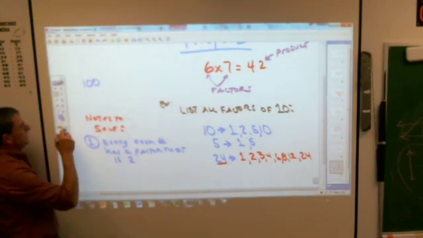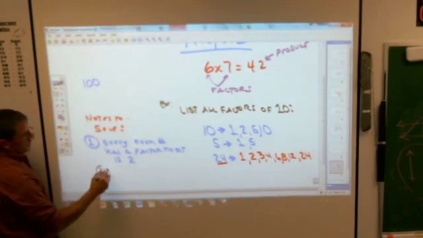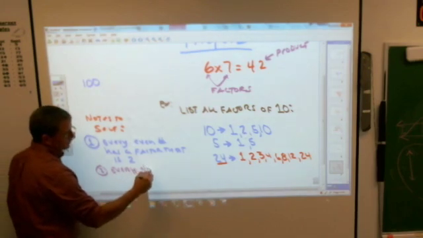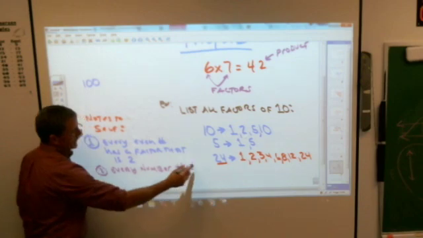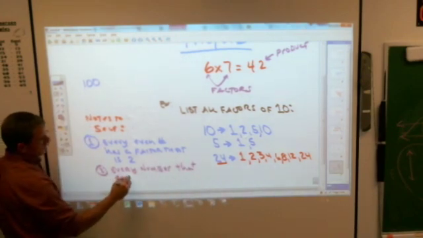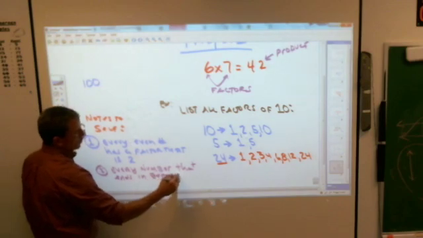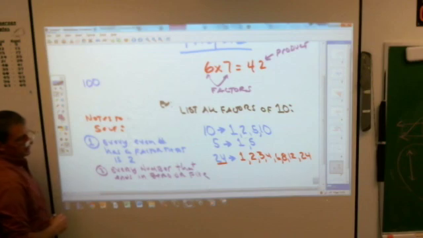And then the second one, let's see if you can pick up on this one. Every number that ends in 0 or 5 has what?